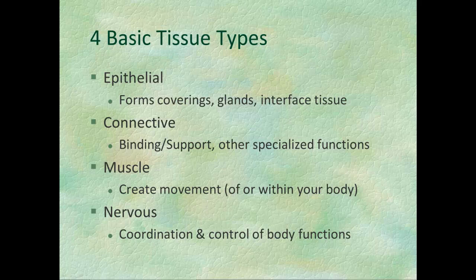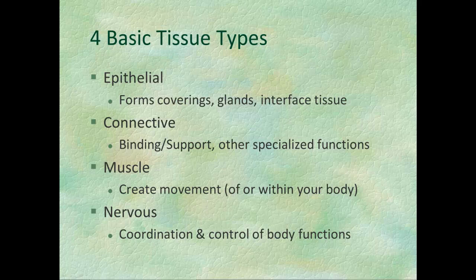Generally, epithelial tissue tends to form coverings. It acts as an interface tissue. It covers surfaces both within and outside of your body. It often forms glandular tissues that are involved in secretion. Connective tissue is typically involved in binding and support, and eventually we'll see that that has to do with the various connective tissue fibers that are found in connective tissue.